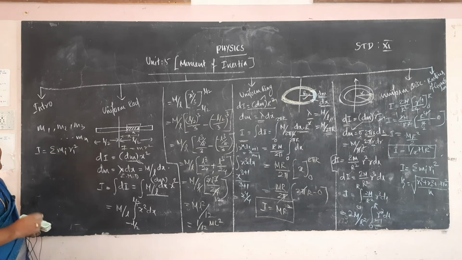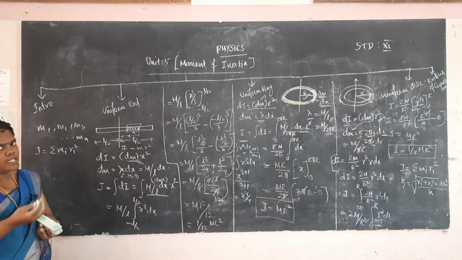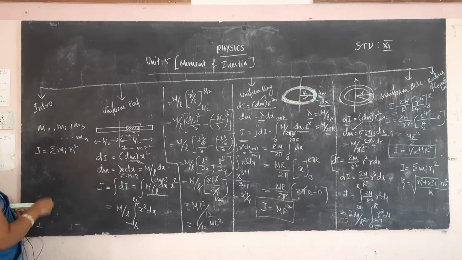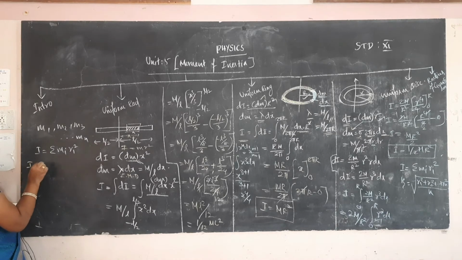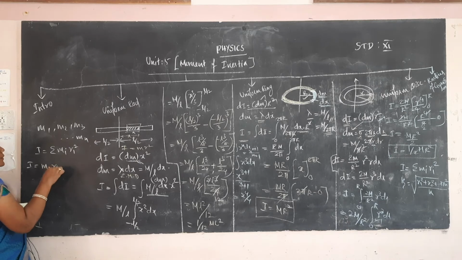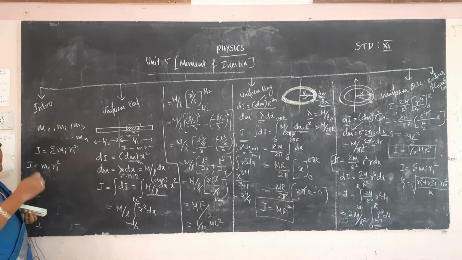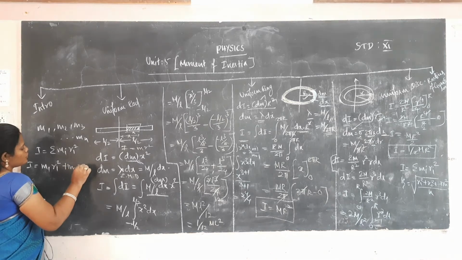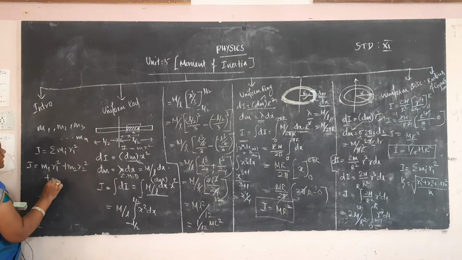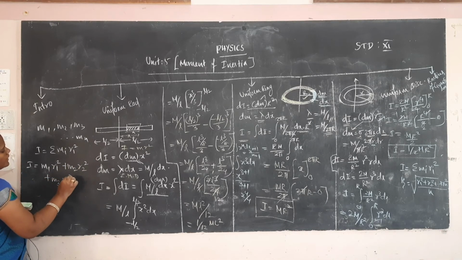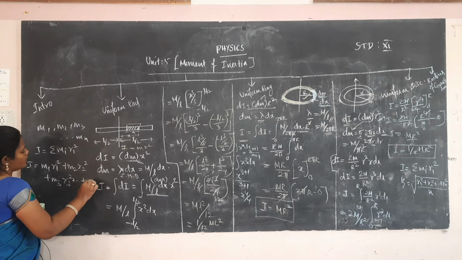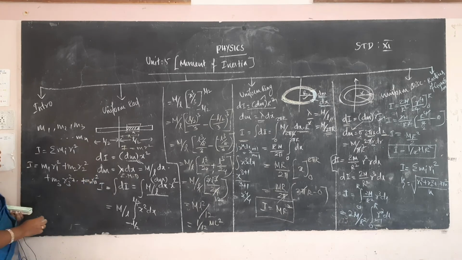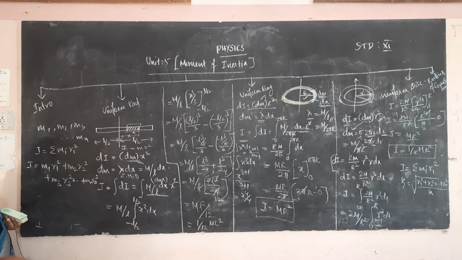That is, I is equal to m1 r1 square plus m2 r2 square plus m3 r3 square, up to mn rn square. This is the moment of inertia of all the particles in the irregular shaped body.